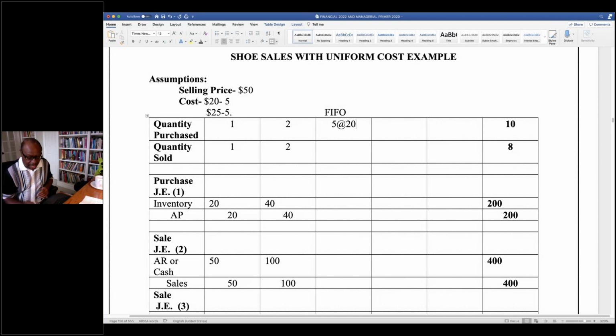And then we bought 5 at 25. That's what we buy. We're using FIFO. And we sell 8.